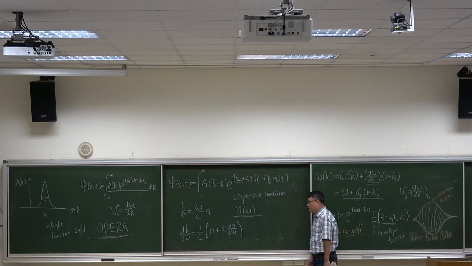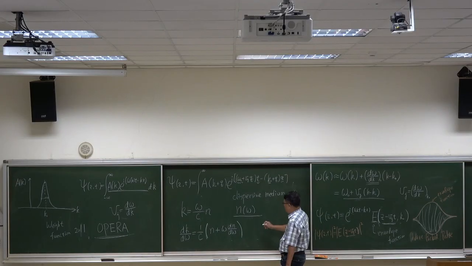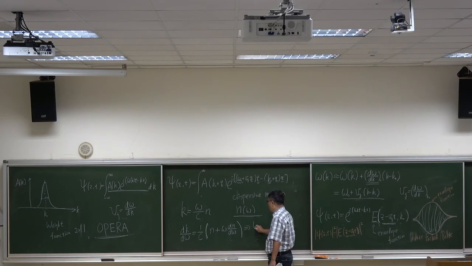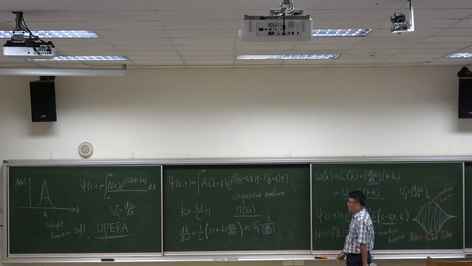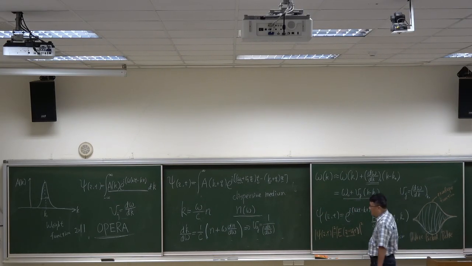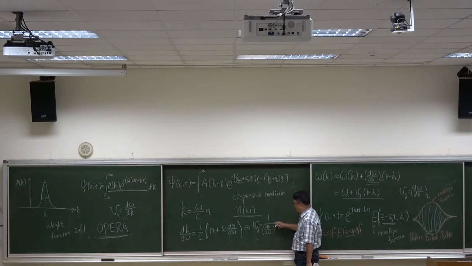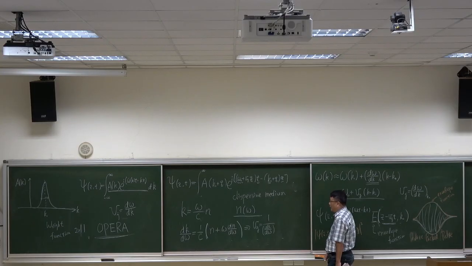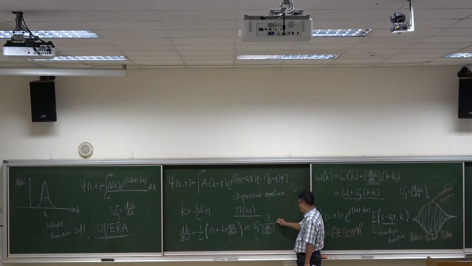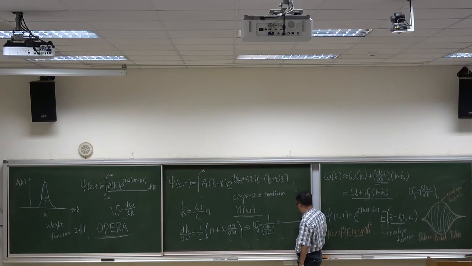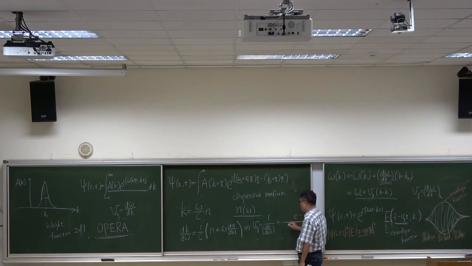Okay? So this tells us that vg is 1 over dk over d omega. 它是 d omega over dk，我可以看成 1 over dk over d omega。And this is this.